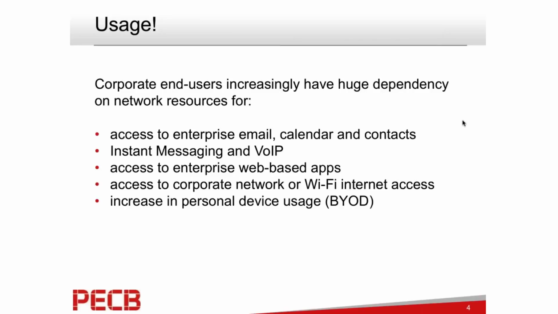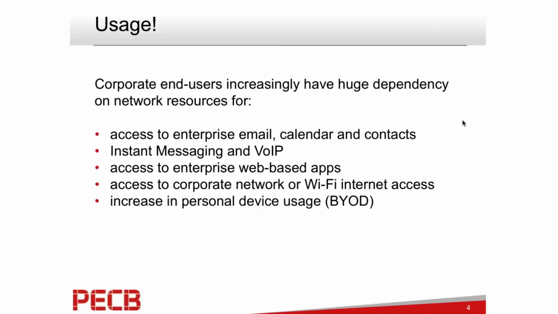We are using it for email, calendar, contacts, instant messaging, of course, voice over IP, which is a good amount of traffic, conference calls and so on. We're also using it to access the intranet. The majority of the applications and tools we are using today are hosted on the intranet and are web-based applications.